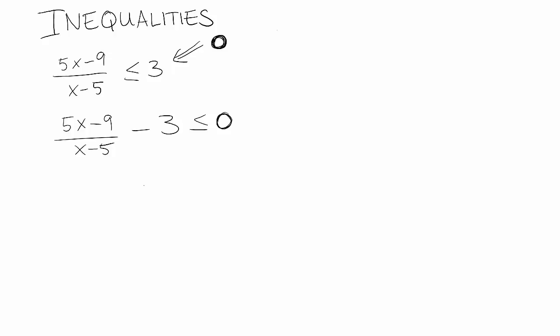We need that 0 because the 0 gives us some properties. It gives us the property that if the numerator is equal to 0, we have potential crossing points of our function. So we really want to find those crossing points so that we can then test the regions accurately. But the other thing we also have is a denominator here.